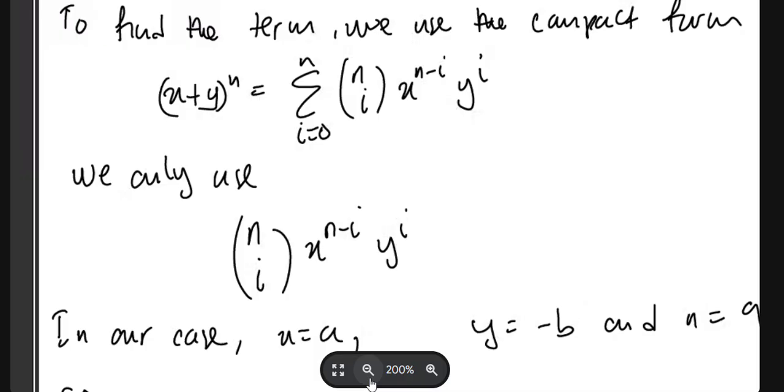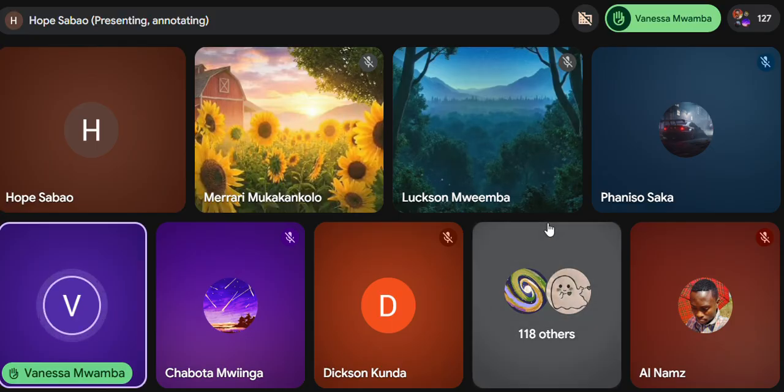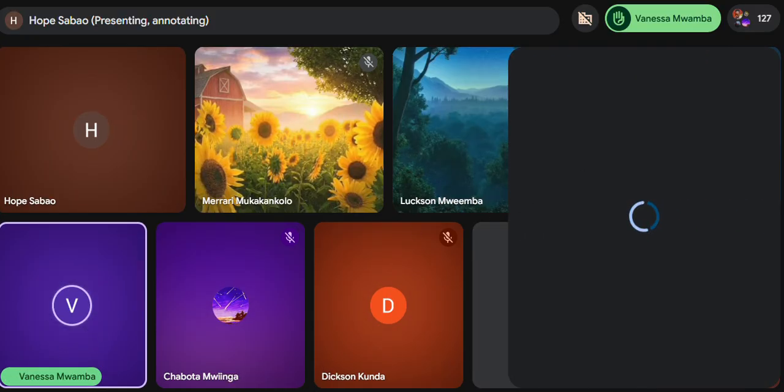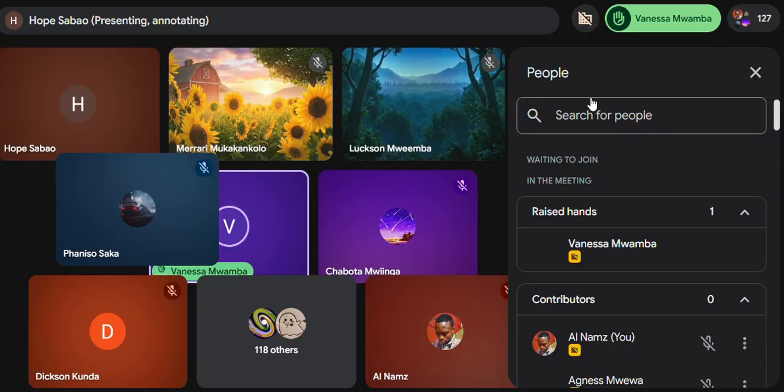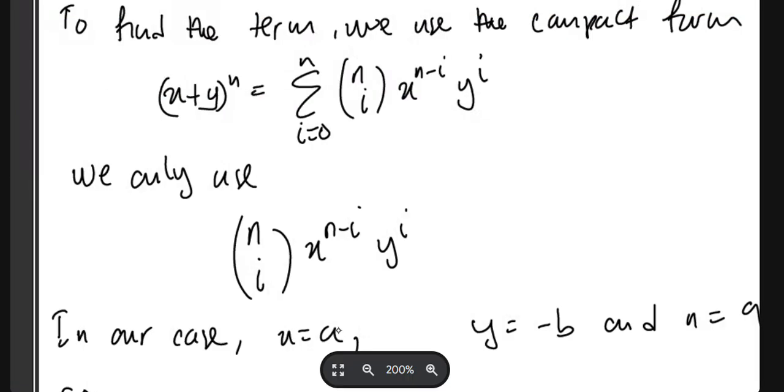So, yes, what's her name? Vanessa. Can't see the screen. But if others can see, it means that it's your device which has an issue. You refresh your device. So if everyone else can see and you can't see, then it is your device.